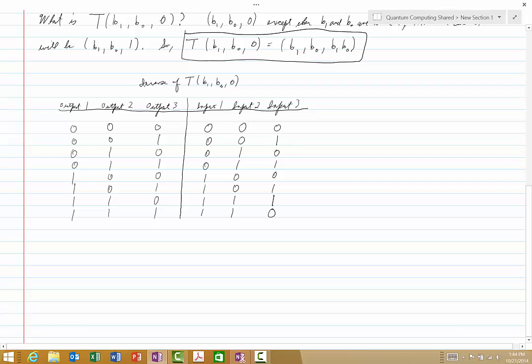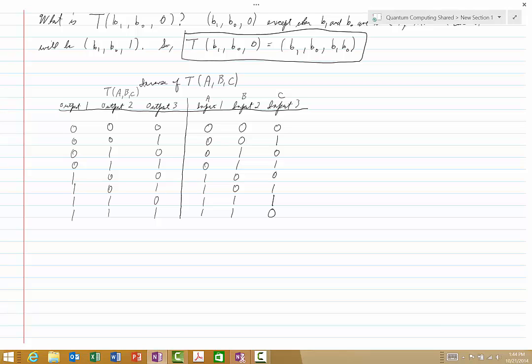Since this applies to the Toffoli gate in general, let me change this argument here to A, B, and C. If you wish, instead of saying input 1, input 2, and input 3, you could say A, B, and C. Again, we have figured out A, B, and C from T of A, B, and C. So over here, these three represent T of A, B, and C. And the fact, one more time, that we're able to figure out A, B, and C from T of A, B, and C indicates that the Toffoli gate is reversible.